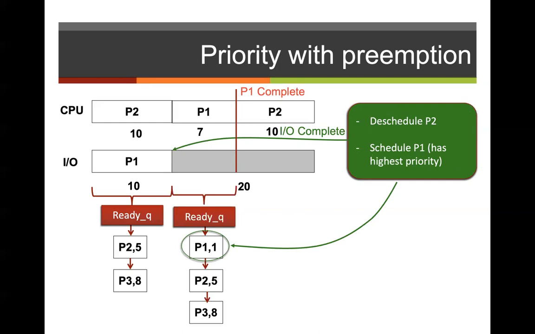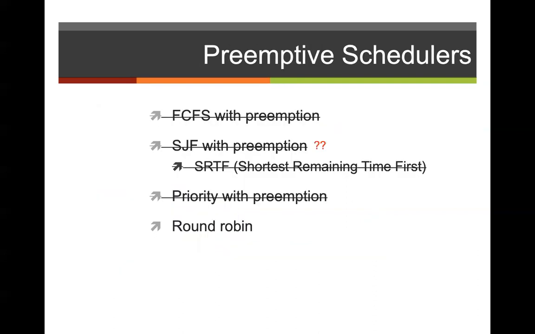P1 is then scheduled for IO and is completed. And so that's how we could take a look at using priority with preemption for scheduling.